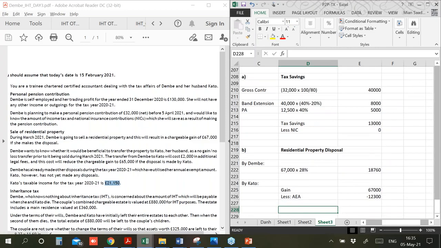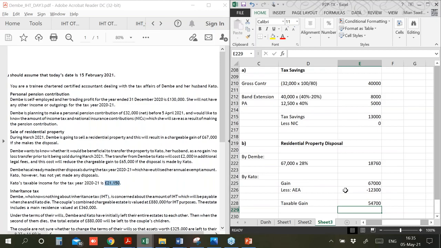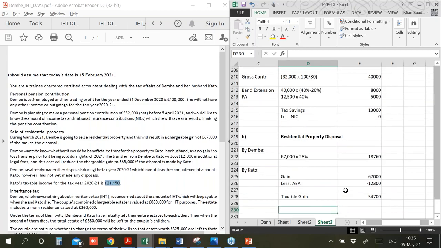Now, the taxable gain will be 54,700. Okay, we'll apply the rates.